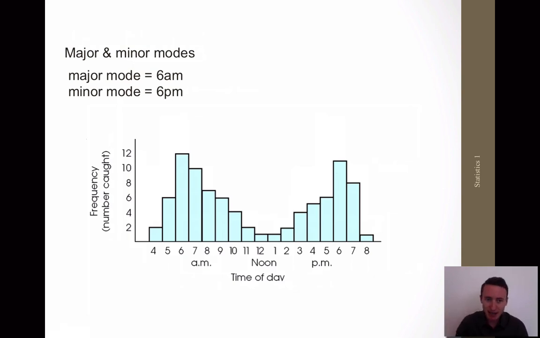So what we can indicate here is what's called the major mode and the minor mode. Think of the major mode as like first place, the absolute winner. But if you think that there's a second close value that's worth talking about, you can indicate that as the minor mode. Now this is subjective.